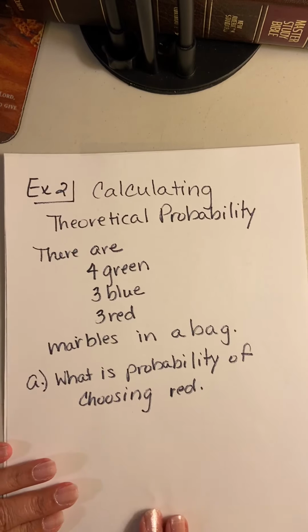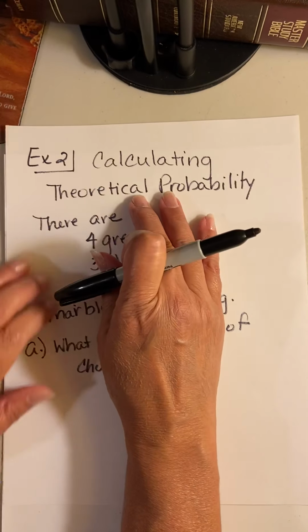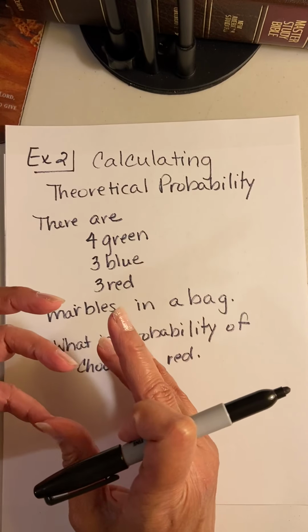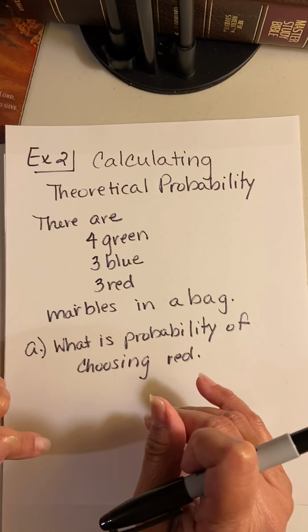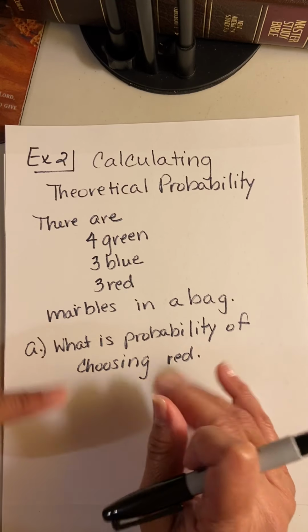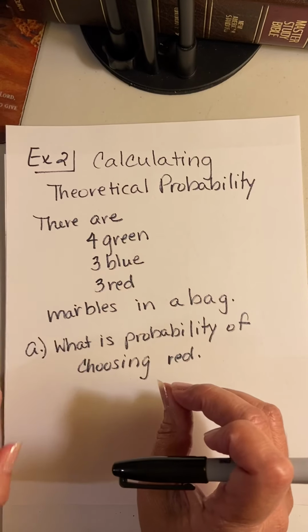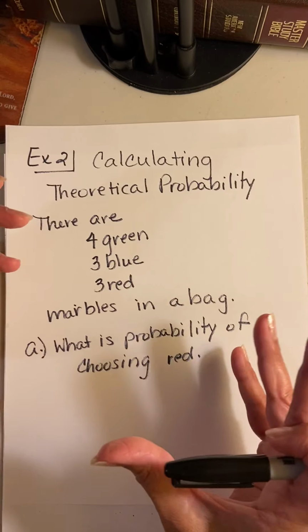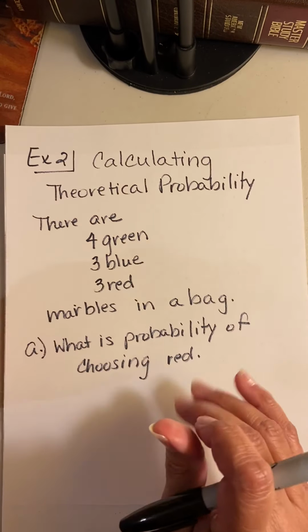Theoretical, by the way, has to do with that we're given a situation, and if all goes well, this is the way it should be. There's another kind of probability called experimental probability, which soon we will get into. But right now, theoretical is what we're dealing with, because we're saying this is the circumstances, and if all the circumstances are exactly right, this is what should happen.